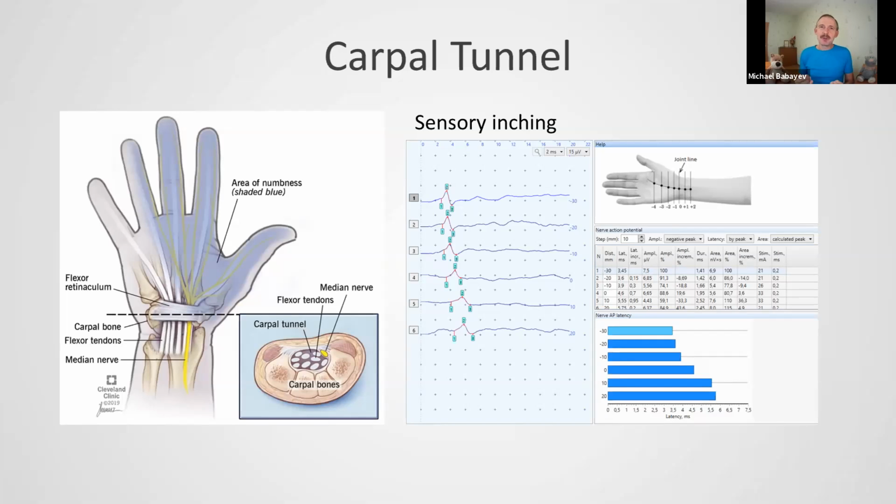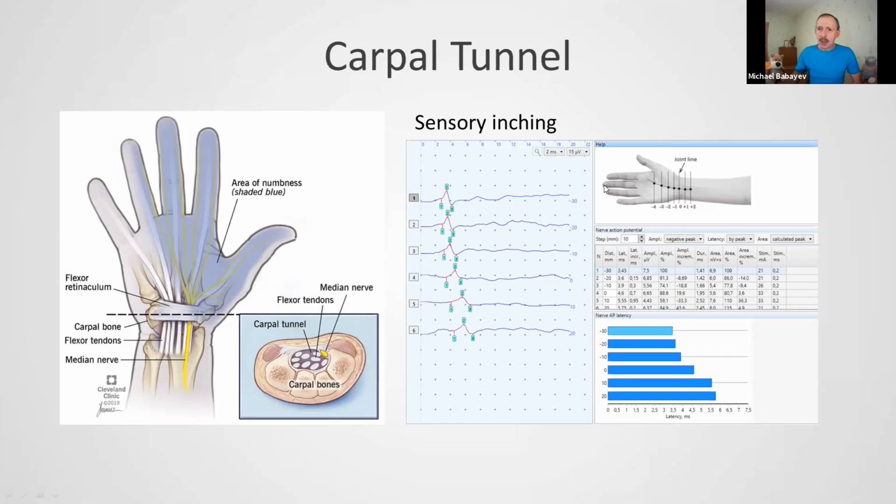But if you have an EMG machine, it is very easy to examine this tunnel and understand what exactly is the point of the struggle. It is possible to do with such a technique as sensory inching.